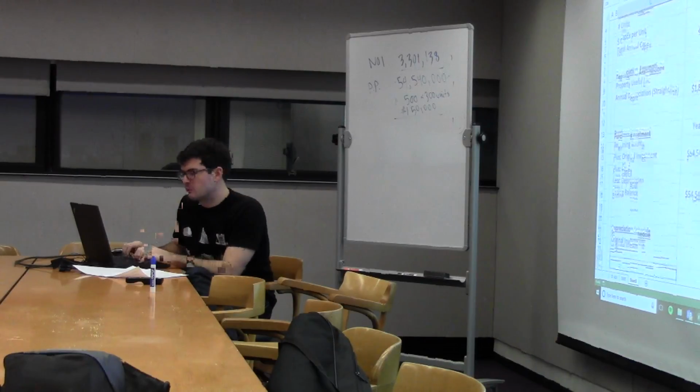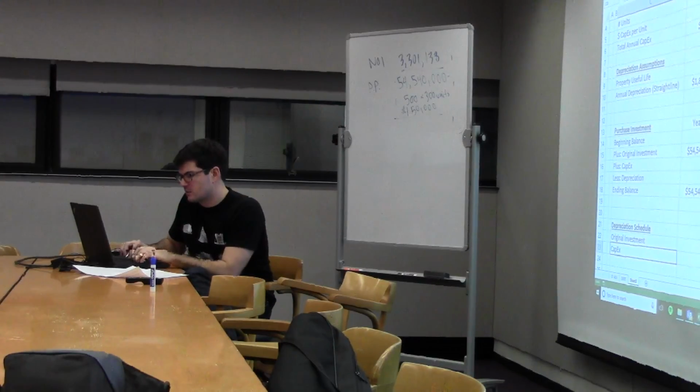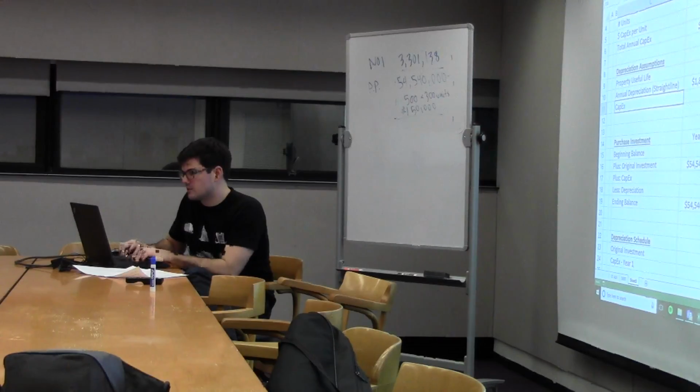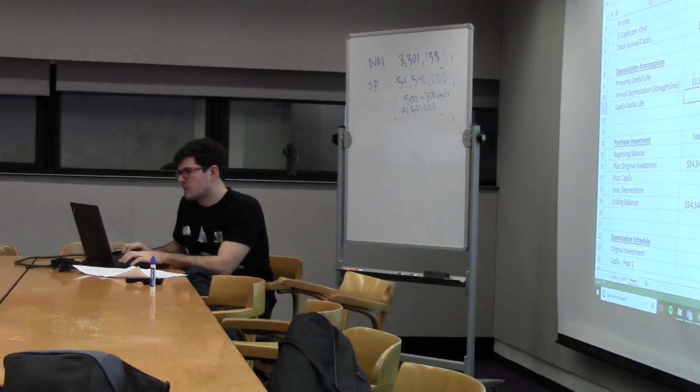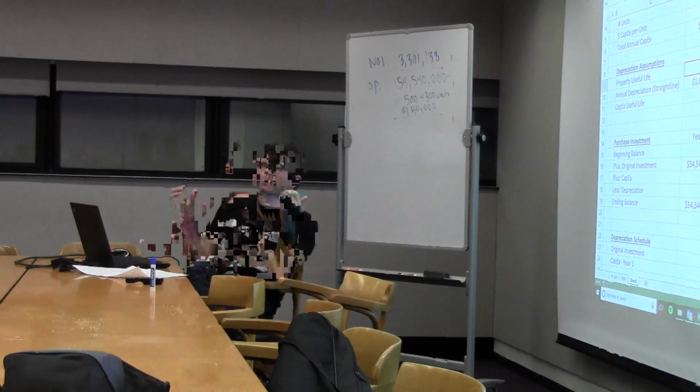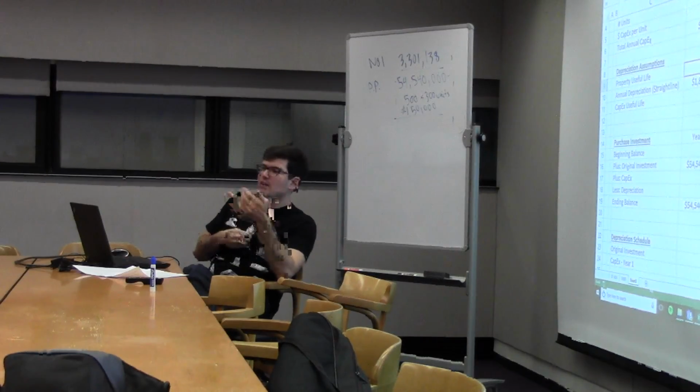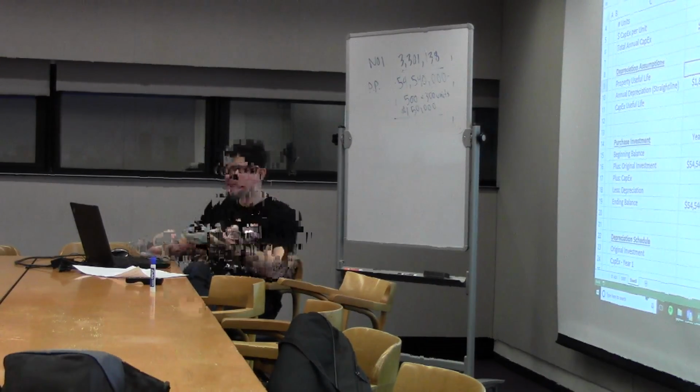with the original investment. Then we have CapEx year 1. Okay? So I think they said the CapEx useful life is 7 years. And that makes sense, right? Because CapEx is smaller than buying a whole property, so you're going to depreciate that faster over the course of 7 years instead of 30.